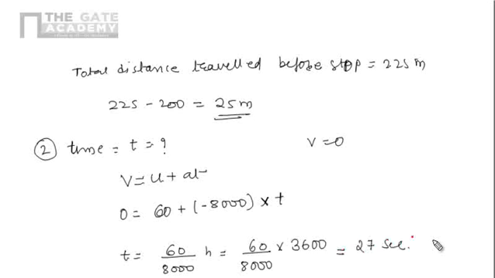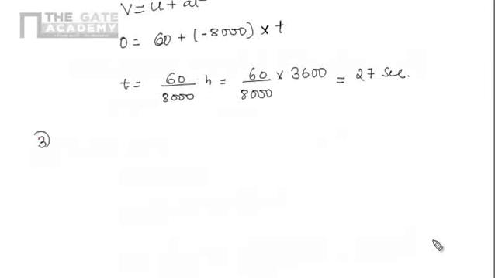So this one is the time taken by the train when the velocity will decrease from 60 km per hour to 0. Suppose we are interested in the time when the speed of the train will decrease from 20 kilometers per hour to 0 kilometer per hour.